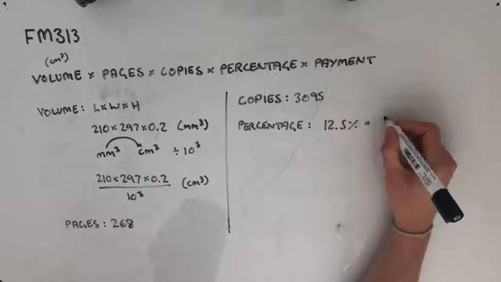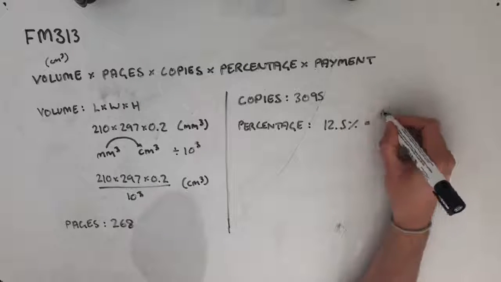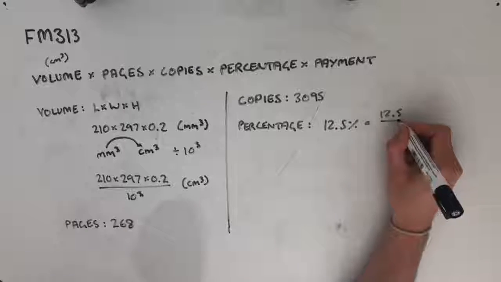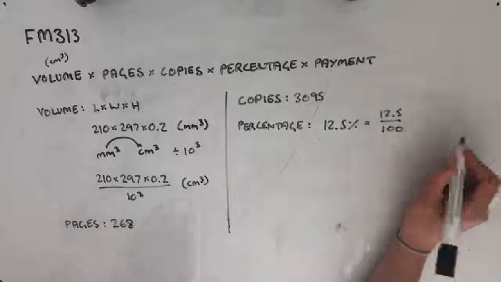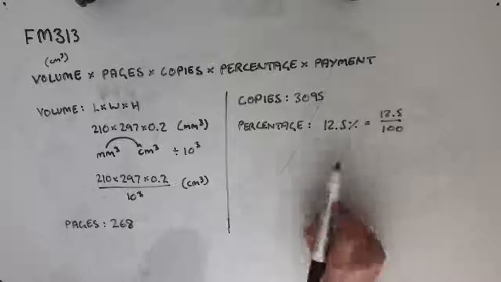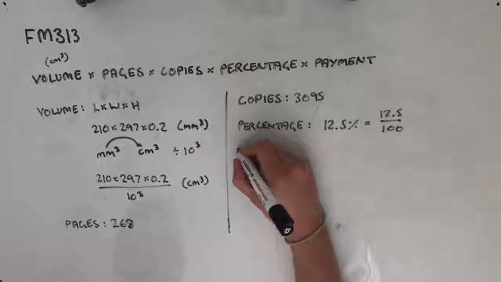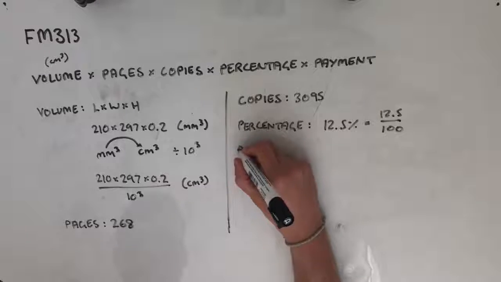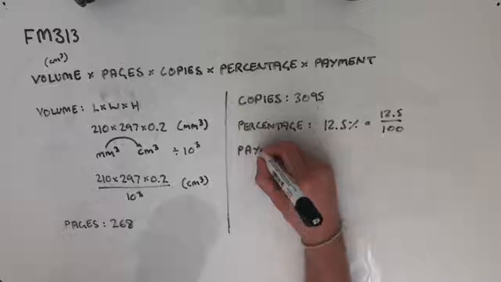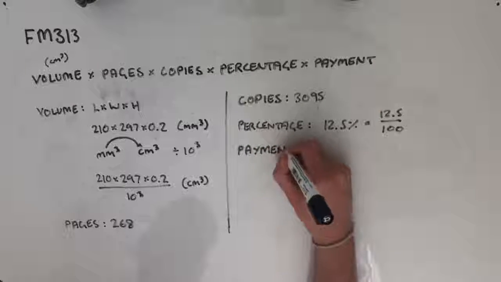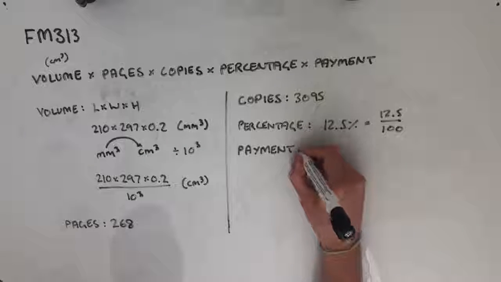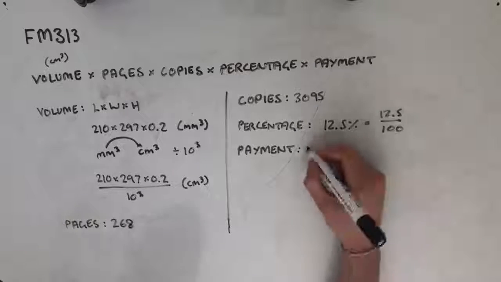This would be the same as either writing 0.125 or 12.5 over 100. Percent literally means per 100. Finally, the payment that Matt receives per cubic centimeter. So the payment that Matt receives is $2.10.